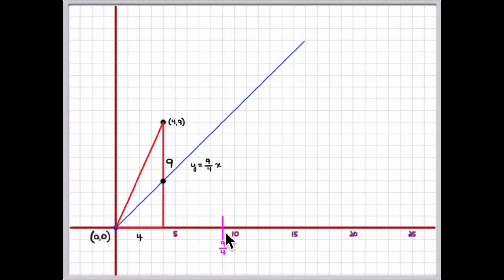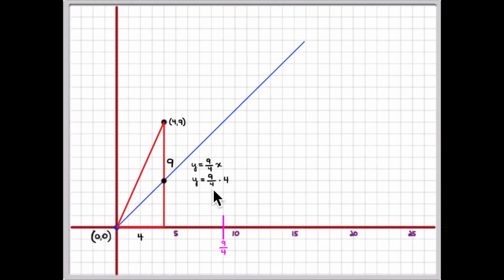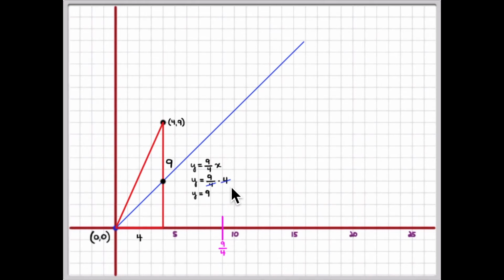So 9 units out. 5/4, 6/4, 7/4, 8/4, 9/4 of 4 is equal to 9. So this point right here is 9 units, which is 9/4 of 4, when x equals 4. So 9/4 of 4 is equal to 9.